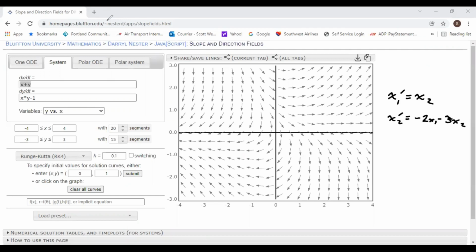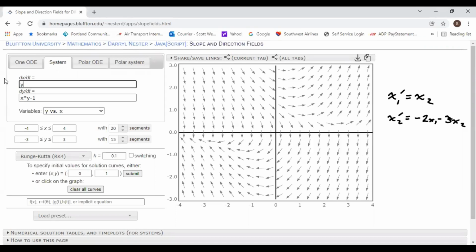So we'll just put that in. Remember, we have to respect the variables as the Bluffton understands them. So we're just going to use x and y for x1 and x2. That means this is going to be equal to y. And this one is going to be equal to negative 2x minus 3y.